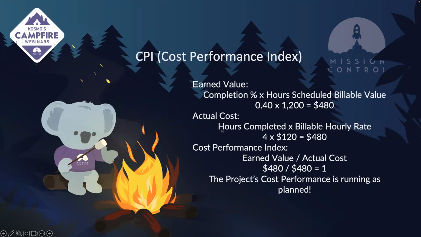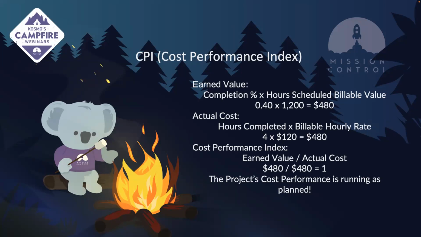My actual cost based on the hours completed, which were 4, times my billable rate of 120 is also equal to $480. So my cost performance index will equal 1 because my earned value and my actual cost are the same. And that means my project is running according to plan.